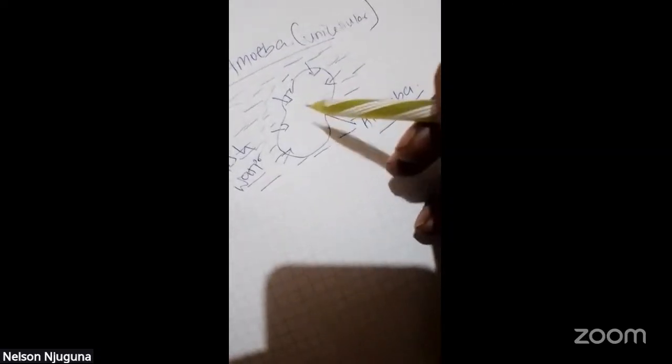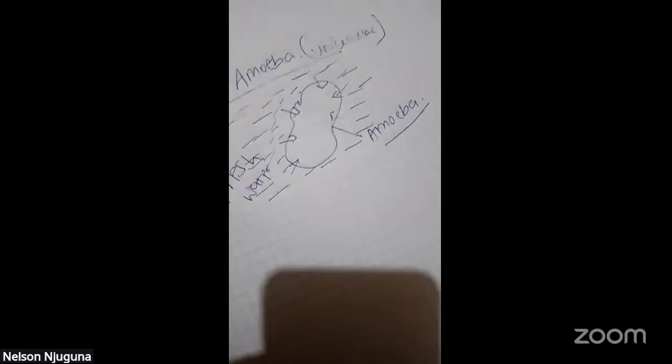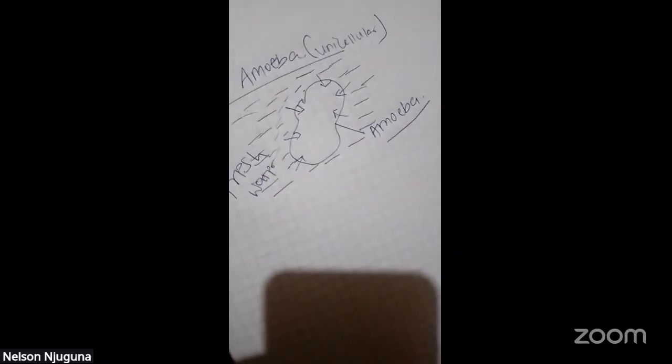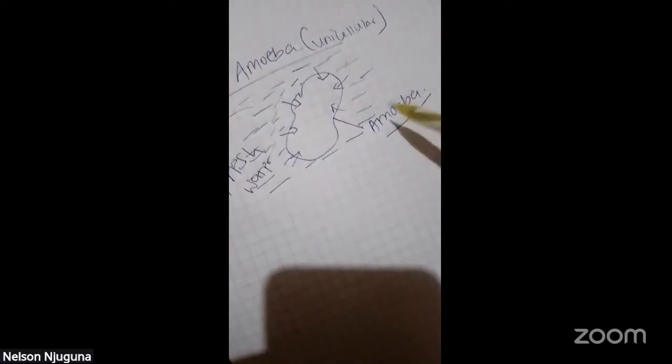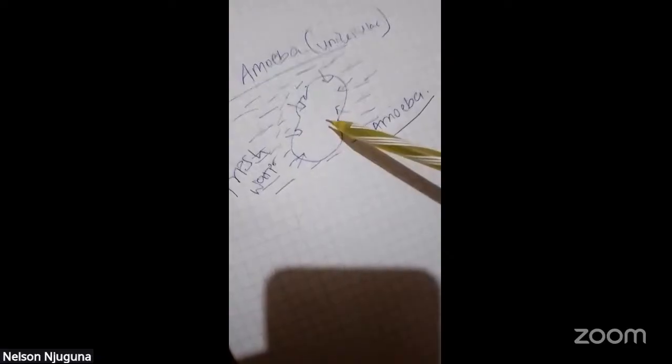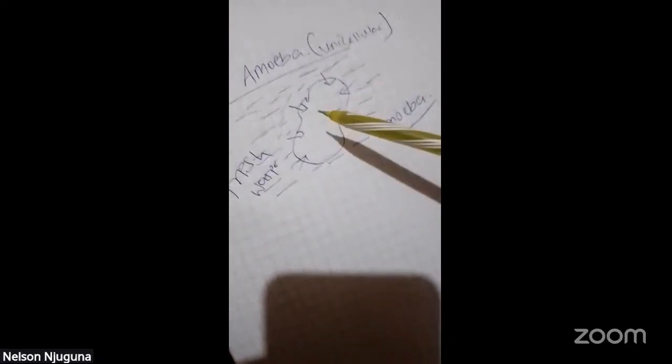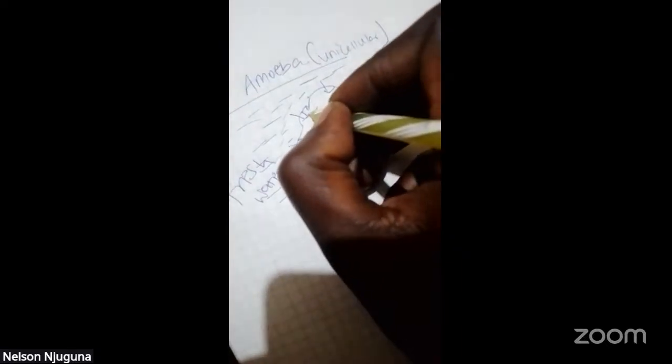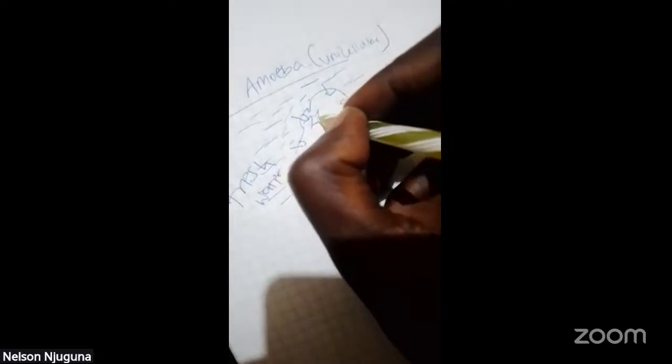Remember, we've said animals do not have a cell wall. They instead have a cell membrane, and a cell membrane is not that strong. So it means if this animal continues to take in water, it might burst because it lacks a cell wall. However, it has some very special structures known as the contractile vacuoles.